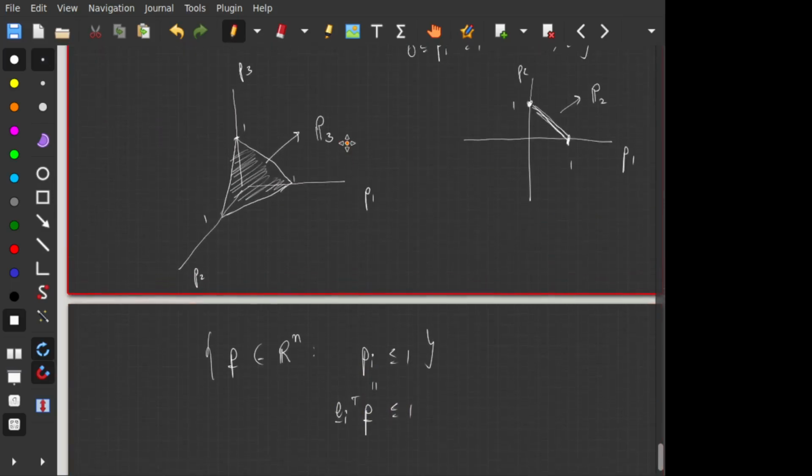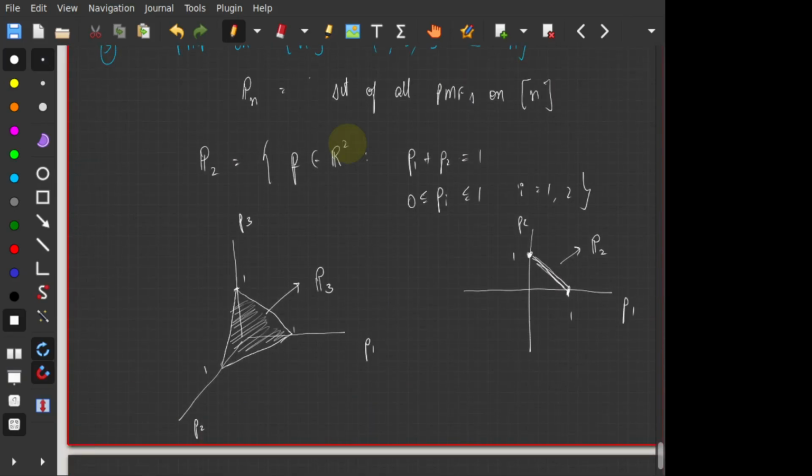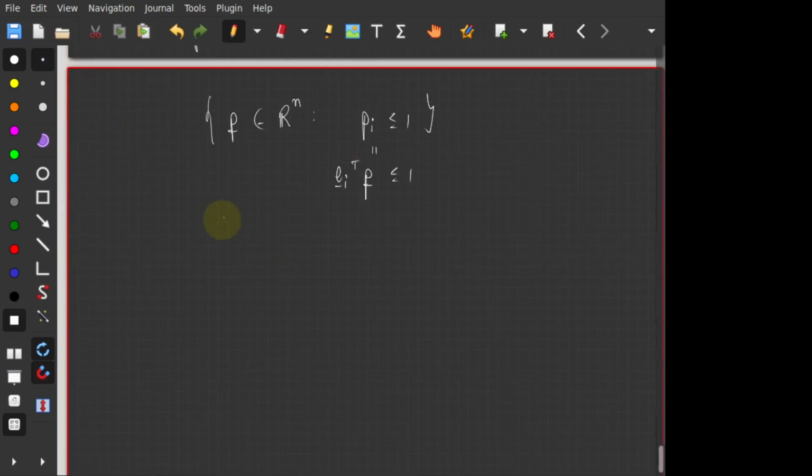So you have n many such constraints. You also have the set of p in Rn such that pi is greater than or equal to 0. Each of these is a half space. And p in Rn such that the summation of pi, i equal to 1 to n, is equal to 1.